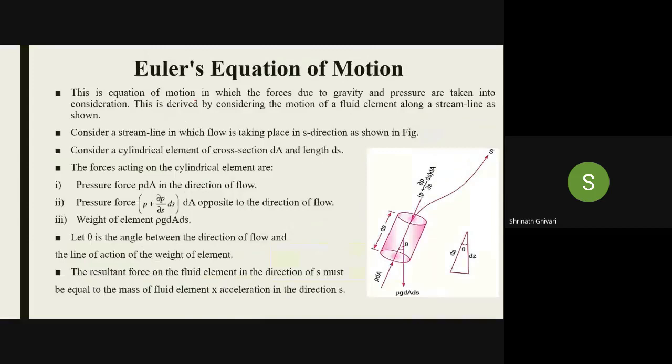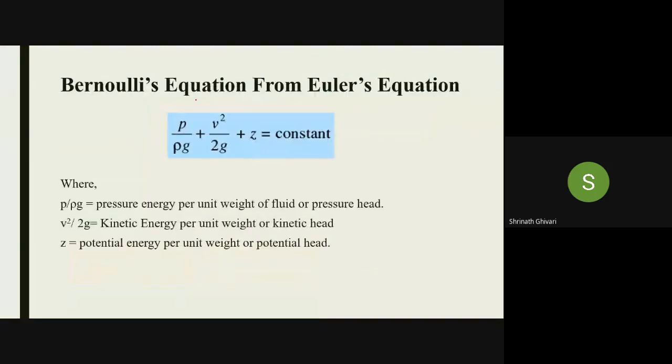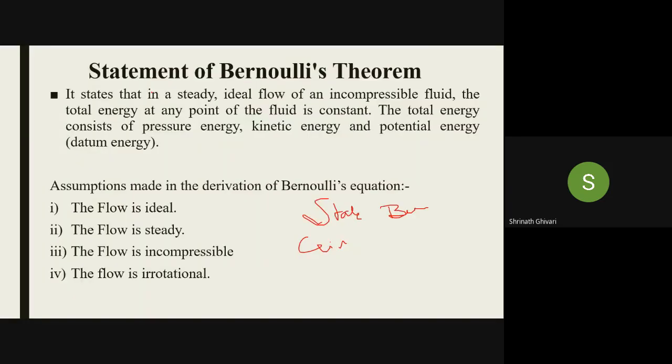You have to start from the beginning and finish here. After writing the equation, you have to explain what p/(rho g) is, what v squared by 2g is, and what z is. Then you have to write the statement of Bernoulli's theorem and the assumptions made in that derivation. So this is the way you have to derive.